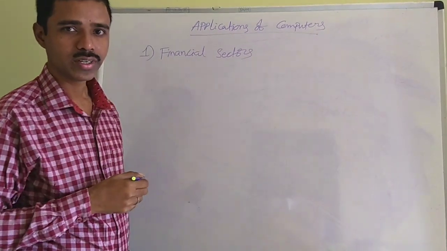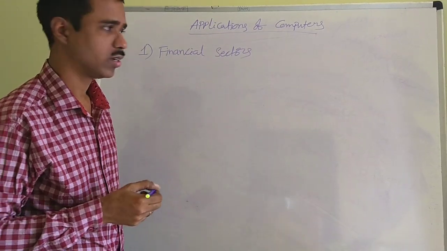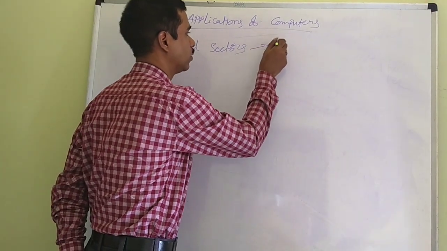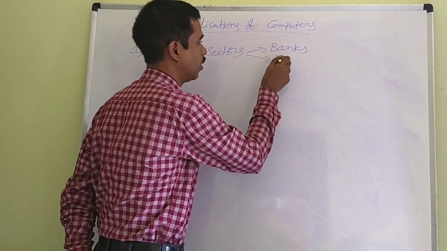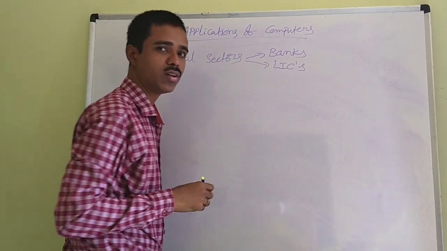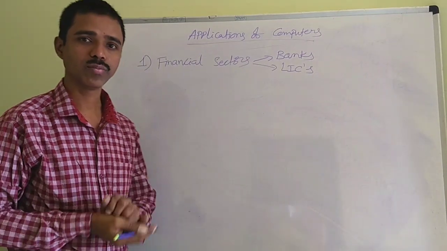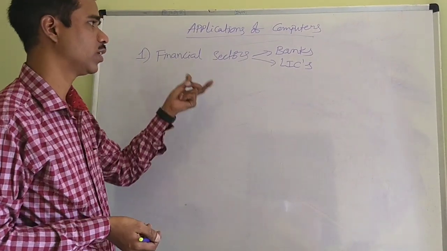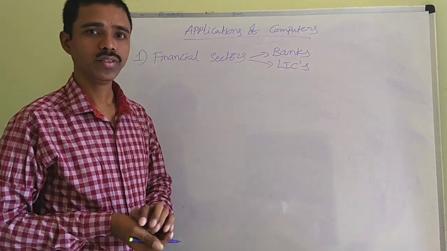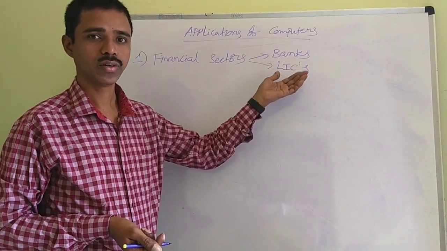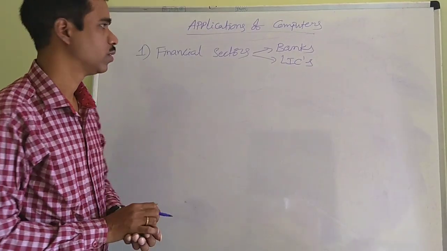Coming to the financial sectors, the names are banks and insurance companies like LIC, Life Insurance Corporation of India, and some other insurance companies. So in the financial sectors, banks and insurance companies are going to use the computers.